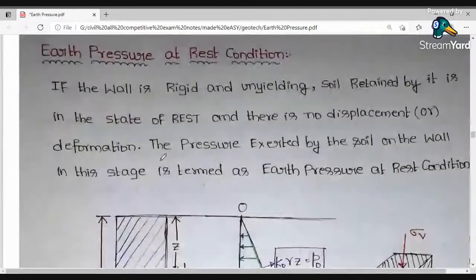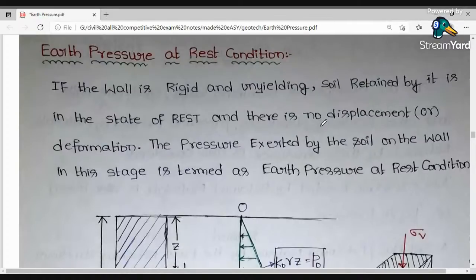We are studying earth pressure at active stage and earth pressure at passive stage. One more pressure is there, that is earth pressure at rest condition. Sometimes the wall doesn't move, but still there is a pressure exerted, and that pressure is earth pressure at rest. If the wall is rigid and unyielding, the soil retained by it is in the state of rest and there is no displacement.